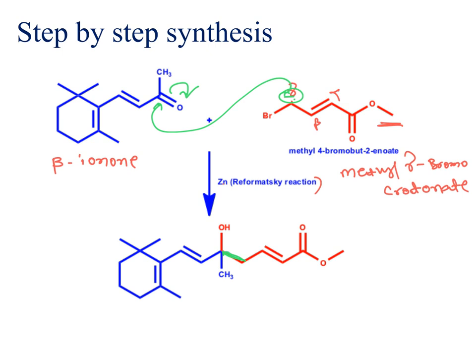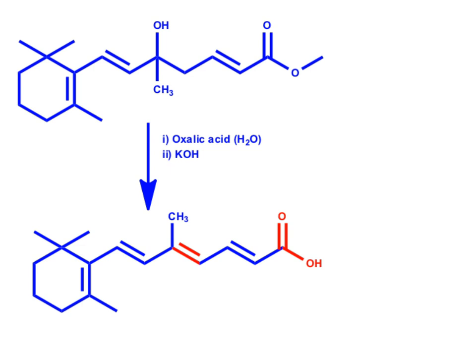Here it is formed, and this OH is represented here, and the remaining skeleton is present here. So a hydroxy ester is formed. Now this hydroxy ester reacts with anhydrous oxalic acid, and a loss of H2O, an elimination, takes place.